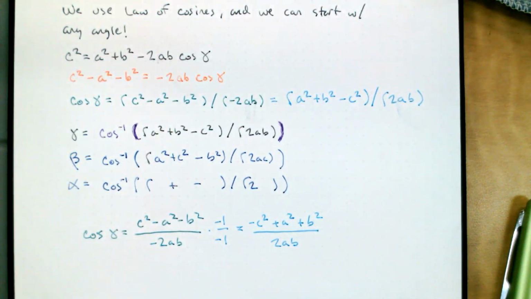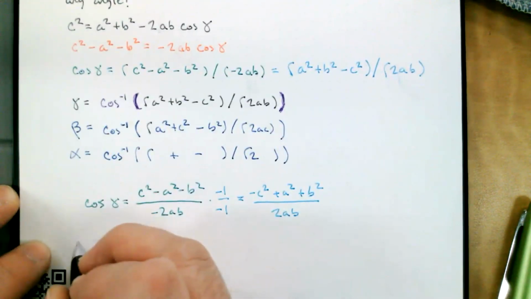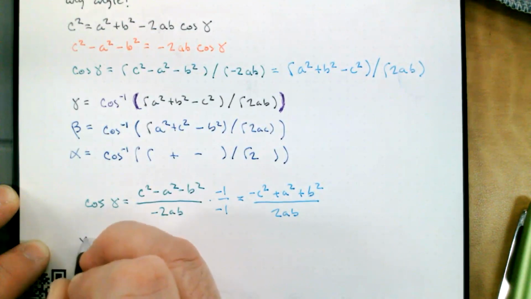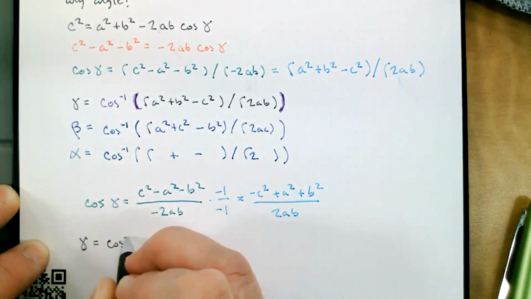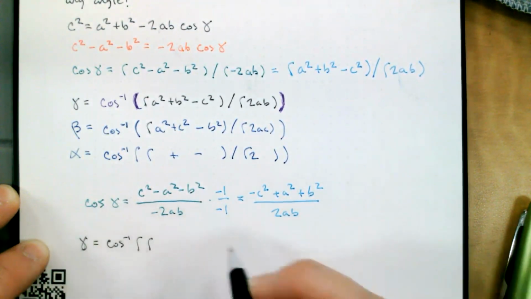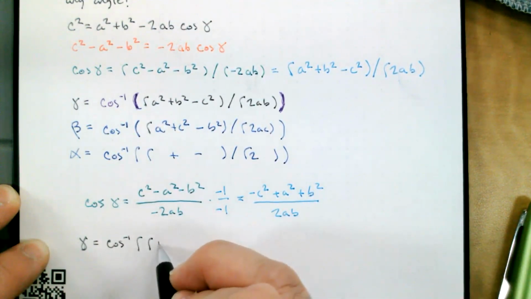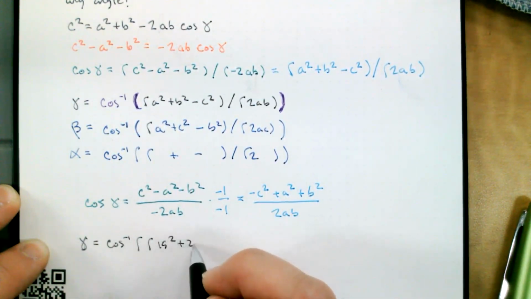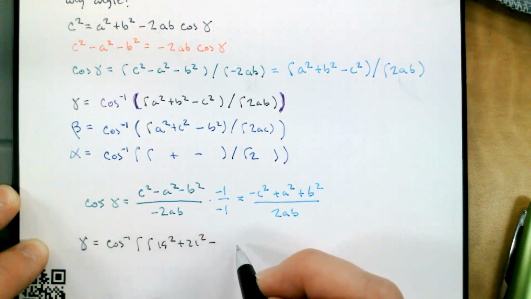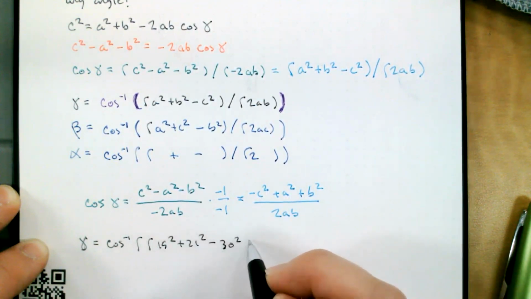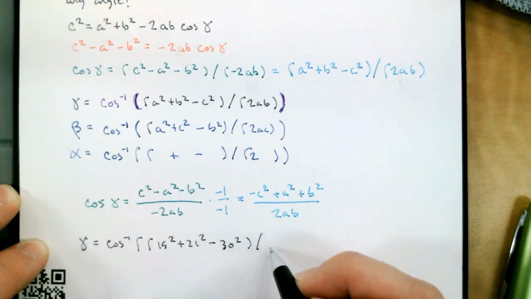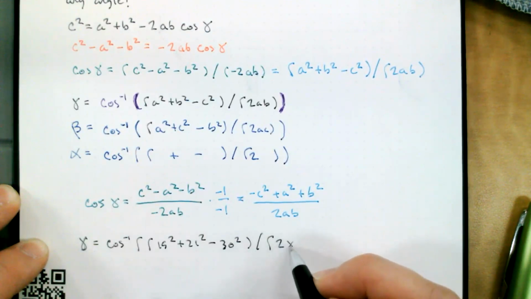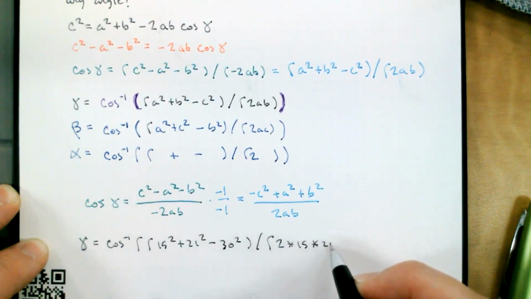In the context of this problem, I would say that gamma is the cosine inverse of the numerator, a squared plus b squared minus c squared, so 15 squared plus 21 squared minus 30 squared. Close parentheses, divide by open parentheses, 2 times 15 times 21.